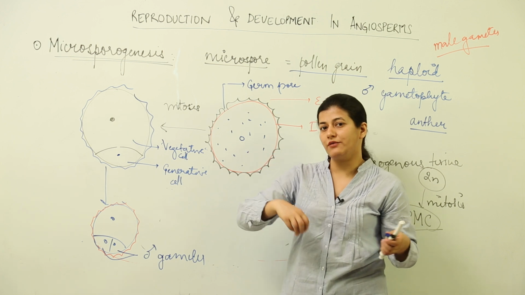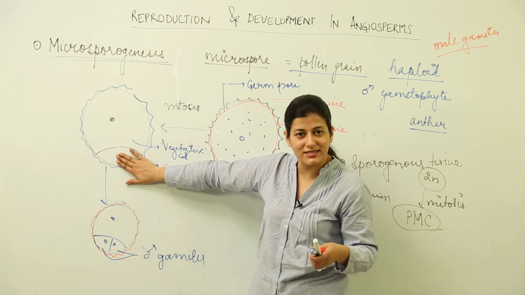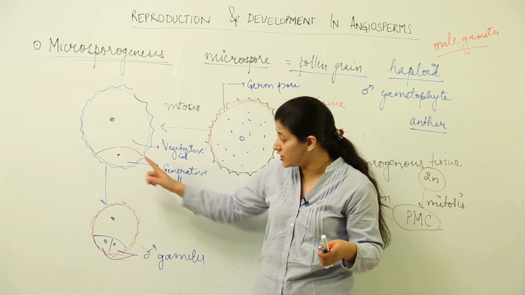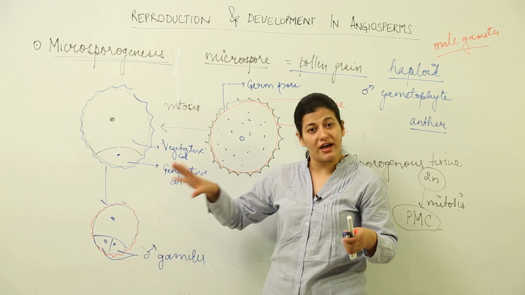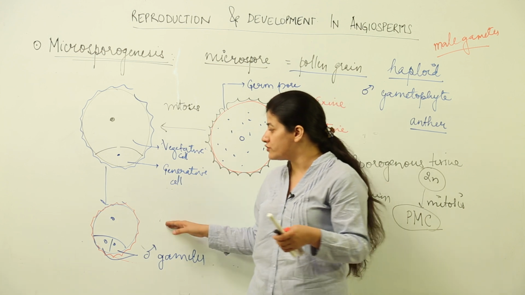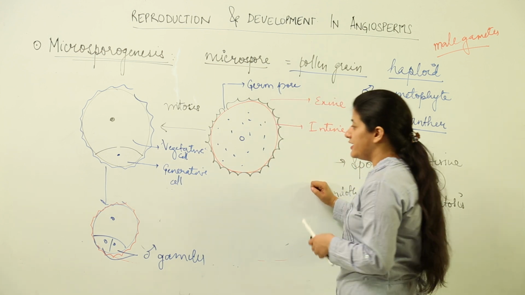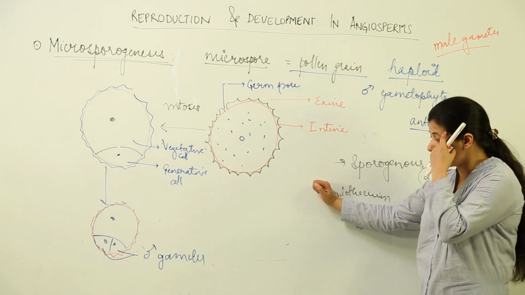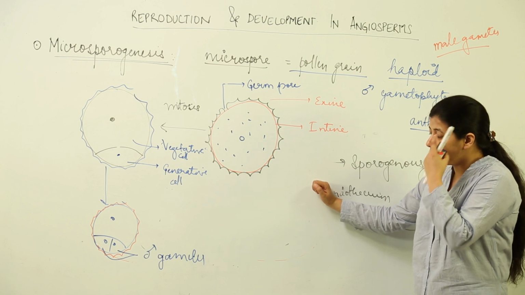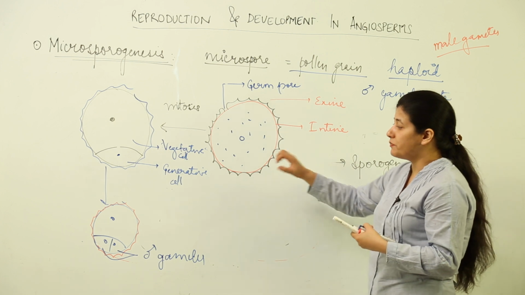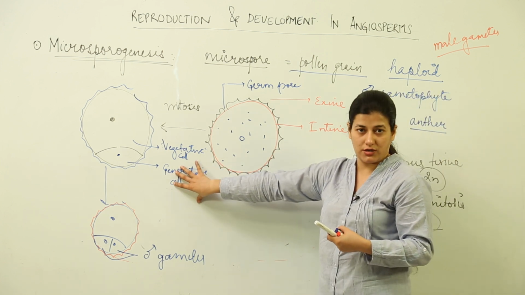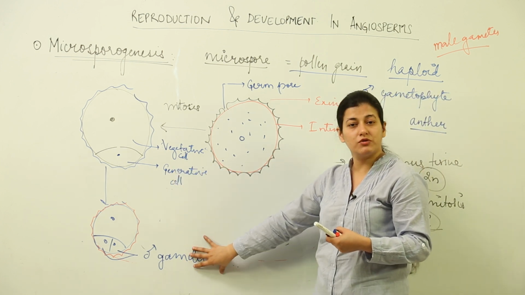That pollen grain once released could be released at this stage when the gametes are not formed, only the generative cell is there, or they could be released at this stage when the gametes have been well formed. Keep this in mind: depending upon the families in flowering plants, there is a 60% probability that the pollens would be shed at this stage. The remaining 40% would be shed at this stage.